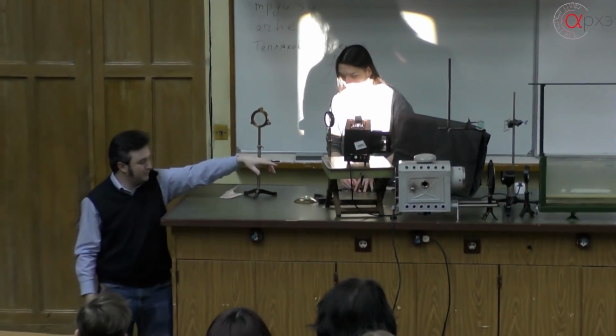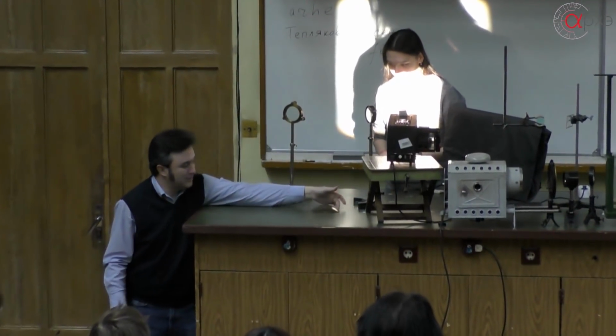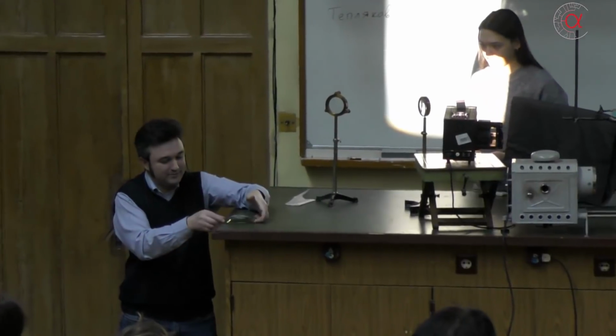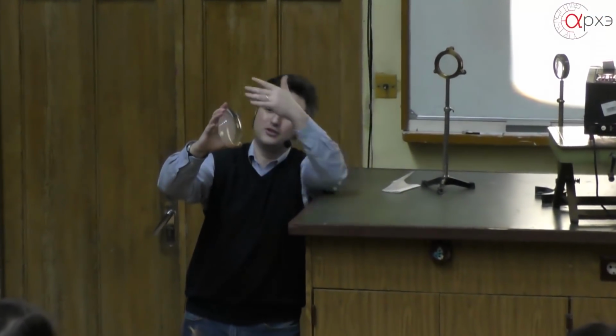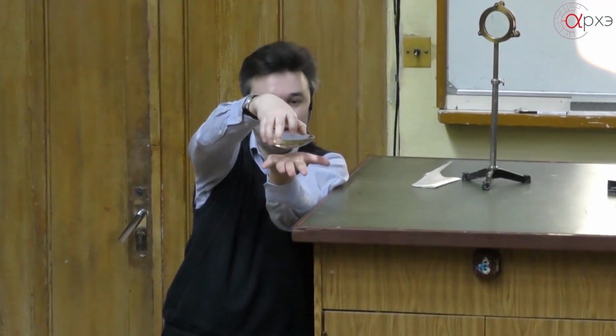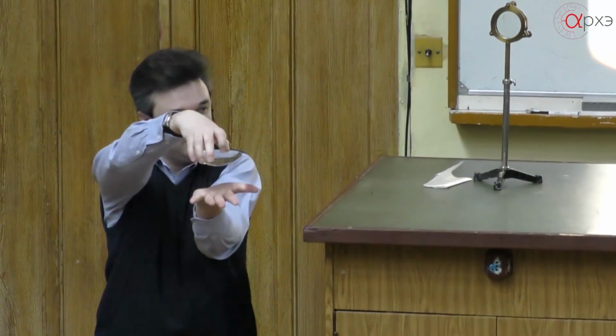So what Newton actually did in his experiment was he took a piece of glass like this, so it is flat on one side and spherical on the other. This is a lens. And he put it on another piece of glass, a flat piece of glass, and shone light from the top.